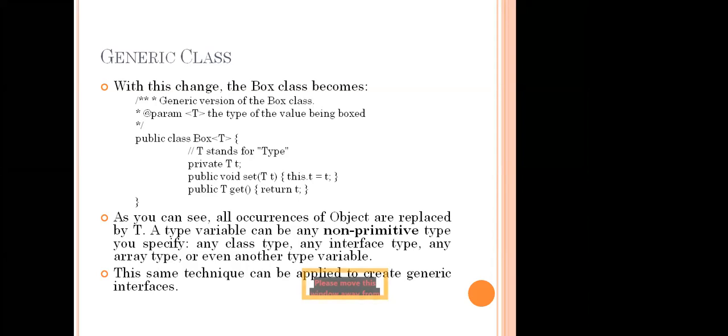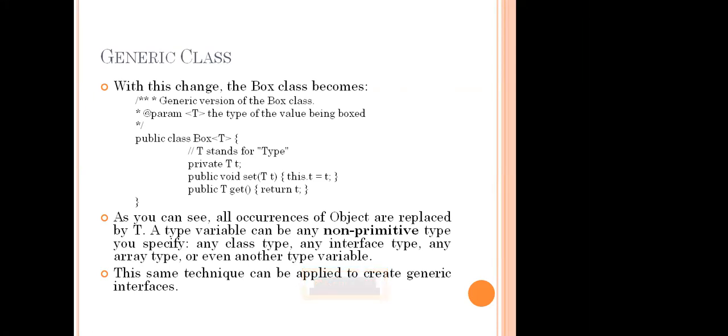What is an interface? Where have you heard this word interface? In Java, interfaces are there. What is the simple meaning of interface? Why do we use interfaces for multiple inheritance?